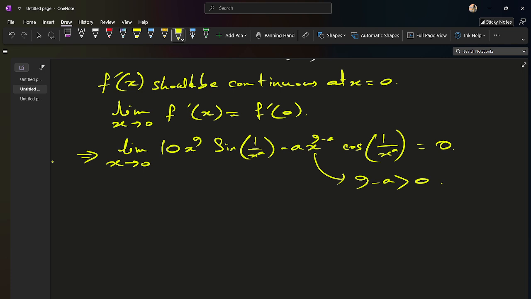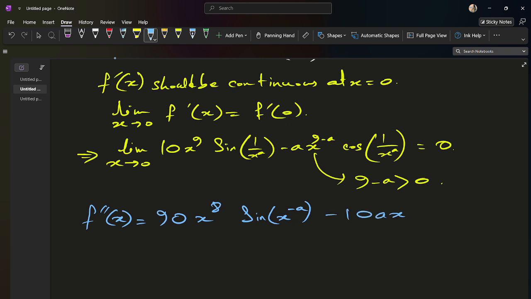Now after that we are going to find the f double dash x. So f double dash x will be what? We can get this from this thing. That means 90 x to the power 8 into sine x to the power minus a, minus 10a x to the power 8 minus a cos of this.